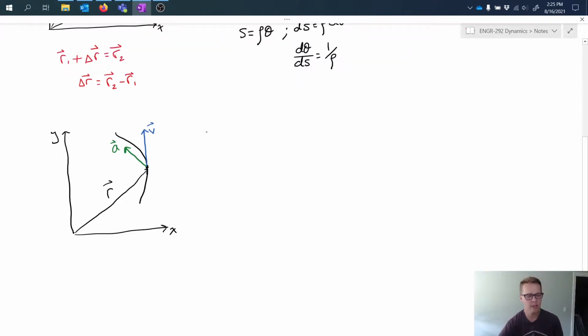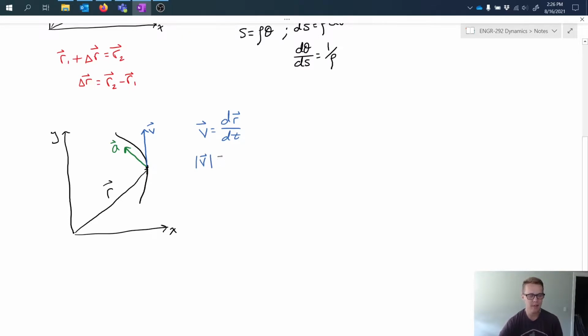So first, let's think about velocity a second. Velocity, we just got done describing as being tangent to the curve, and we also know that it is the rate of change of position. So just like we've done before in 1D motion, we would define velocity as the rate of change of this vector quantity r. And we just got done describing how the velocity is made up of a speed and a direction.